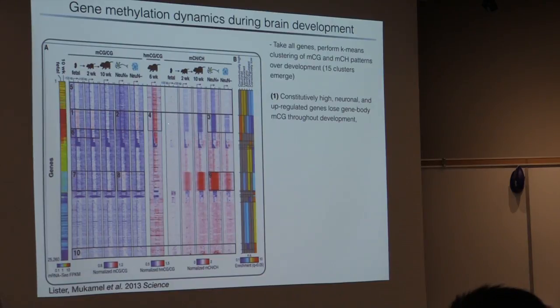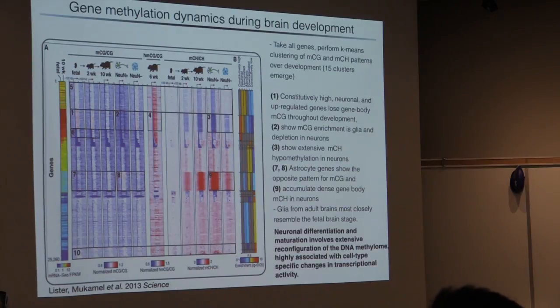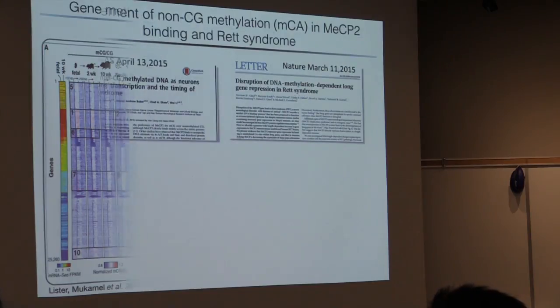You can see it goes from being somewhat red to having complete absence or high reduction of non-CG methylation, and that is associated with the activation of that gene. So you can use these as markers, essentially, to look at either hyper or hypomethylation states throughout development in the brain and have quite reasonable predictions about gene expression. So that's published, so I'm going to move through that.